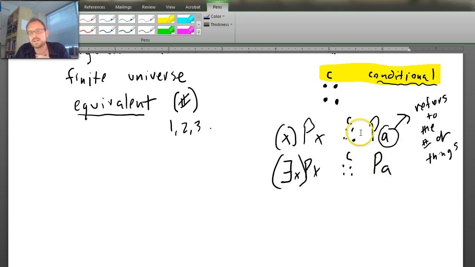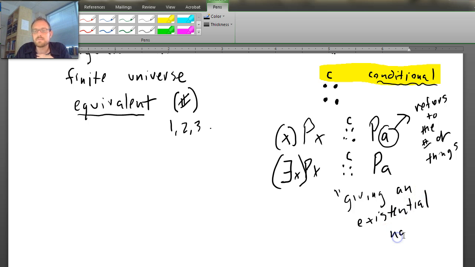So they're going to look the same, which consists of giving an existential name. That's language we borrowed from an earlier video. When you give the conditional logical equivalence, what we can call the conditional equivalence, it consists of giving a name, because this would be true in terms of the entire universe.